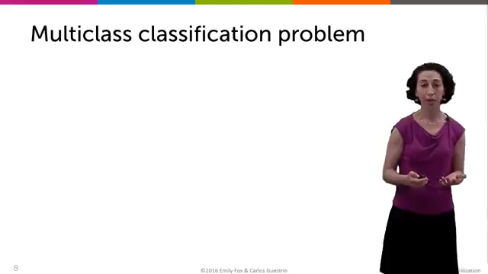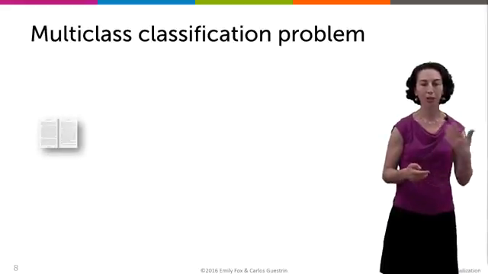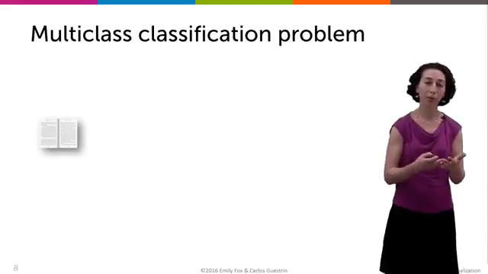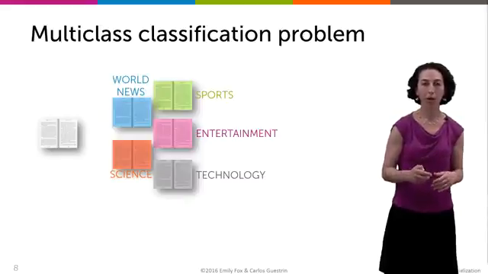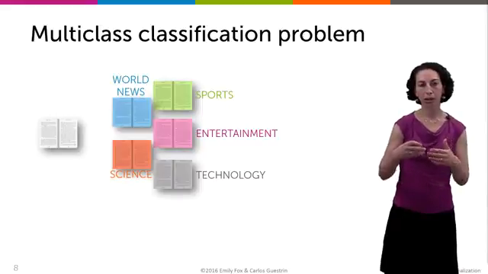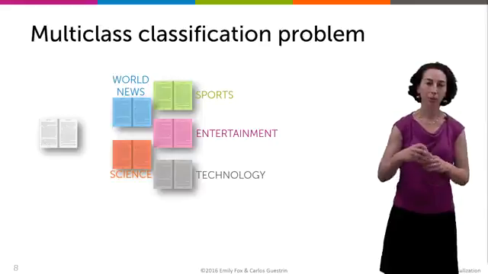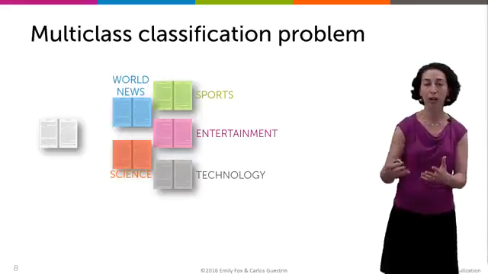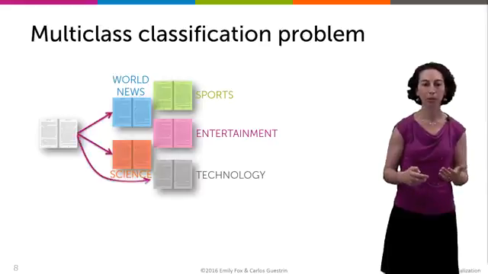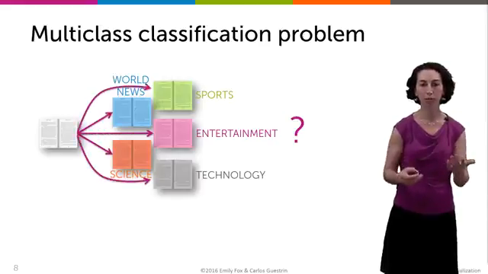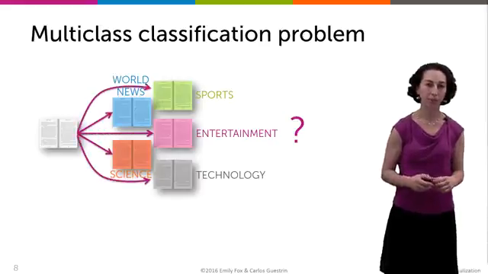And so in this case, we can think of the problem as a multi-class classification problem where imagine you get some new article and you want to label what topic that article is about. Well, then you just go into your training set, and based on the classifier that you've learned from that training set where labels were provided, you can then think about labeling this document as one of these 5 different topics presented here.